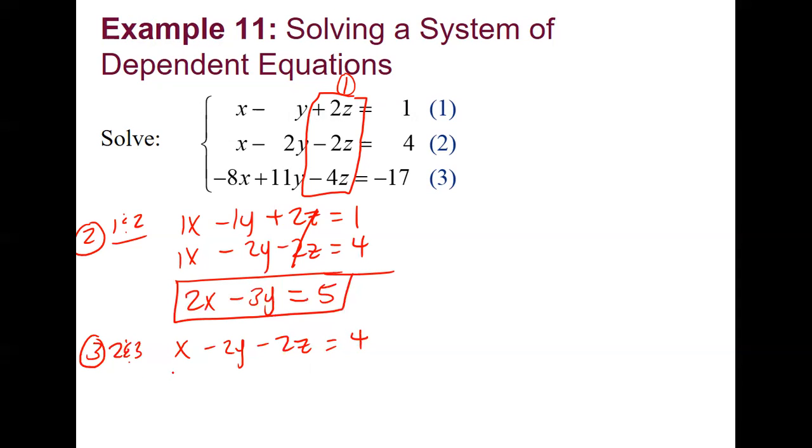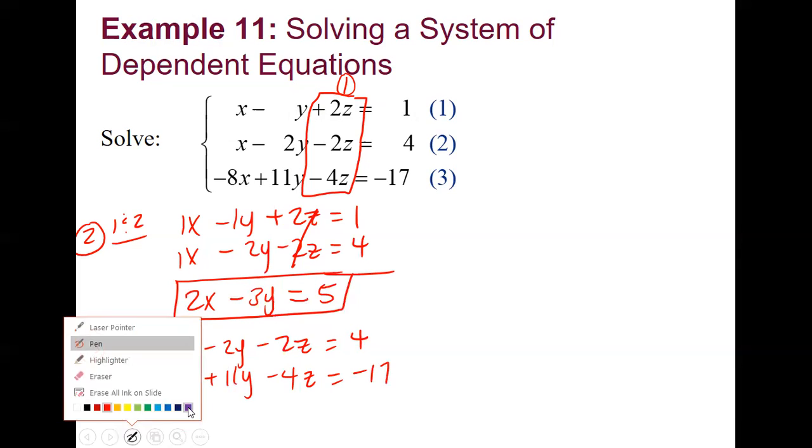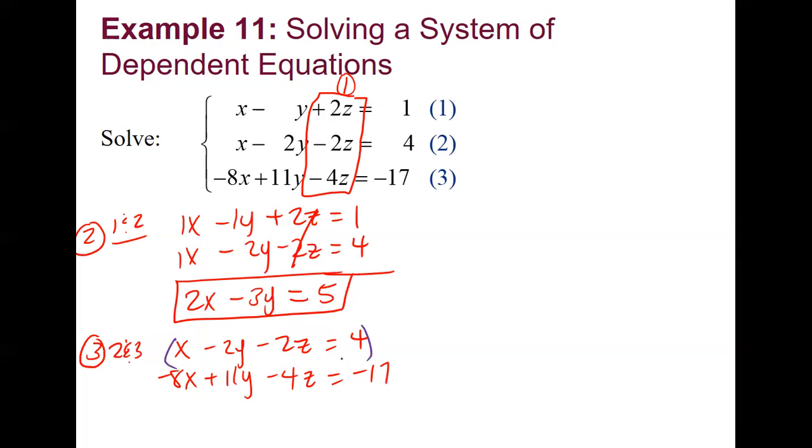A -2. If we choose 2 and 3, you're going to have to multiply by a -2 because you have to change that negative into a positive. So this one is going to have to be multiplied by -2. So now I have -2x, positive 4y, positive 4z equals -8.